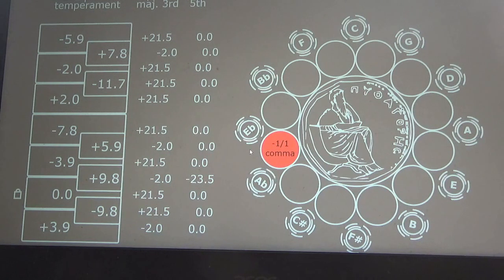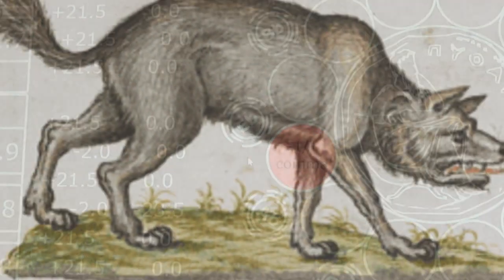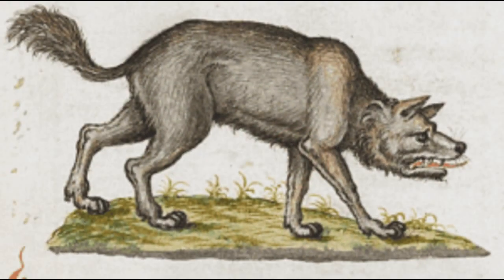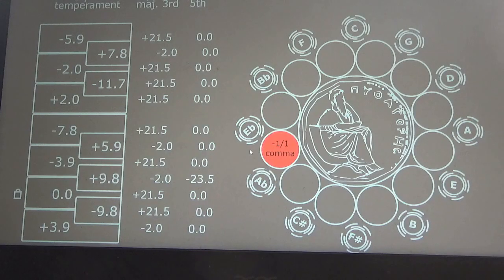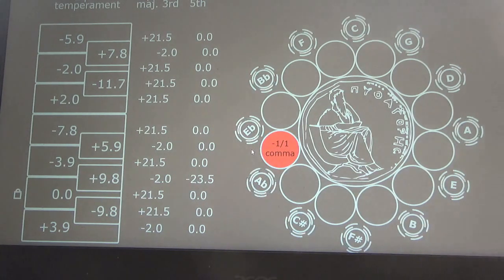Now, in this place here, as this red disc shows, we have the wolf. We have the entire comma stuck in one place here. Actually, this note, which is labelled here conventionally as A flat, has been tuned, also conventionally, as G sharp.